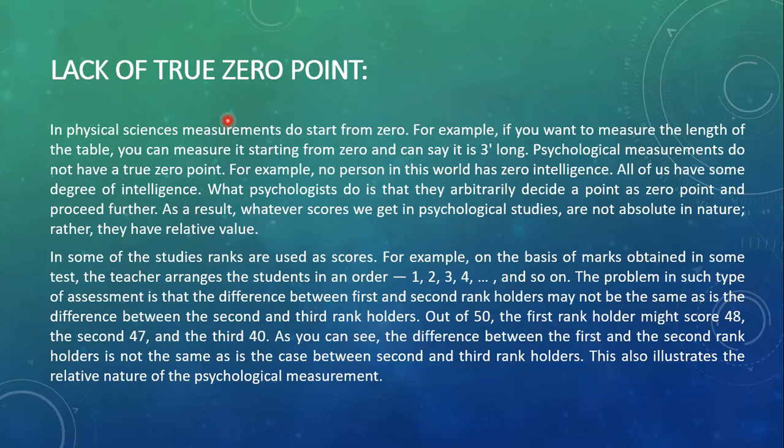You start from zero, like 0, 1, 2, 3, right? So in that way, you will be doing physical measurements. The measurements can be taken in centimeters, meters, kilometers, feet, and inches, etc. This is related to distance, and there can be other physical parameters also.